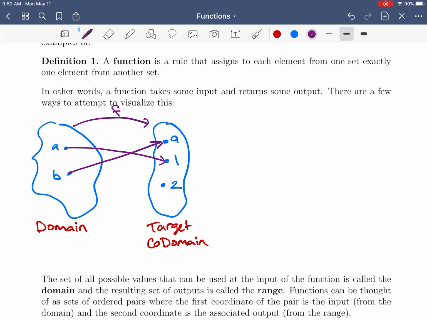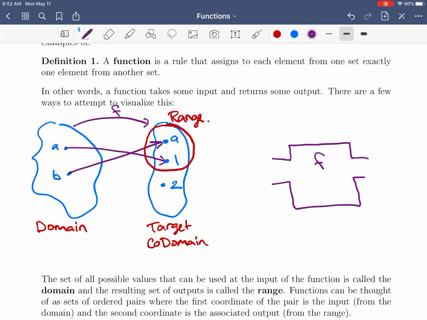Now, I purposely didn't call this the range, because technically the range is only the things that get mapped to. So this subset of the target would actually be the range. Another way to visualize it is like a black box. So here's your function machine. This is your f function.